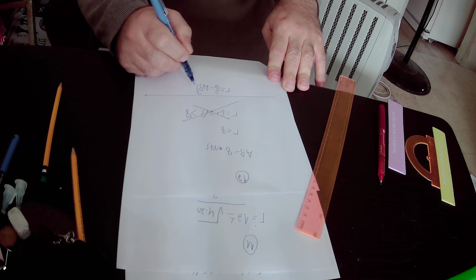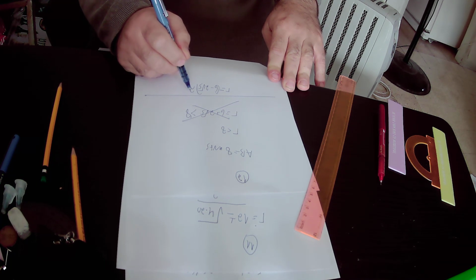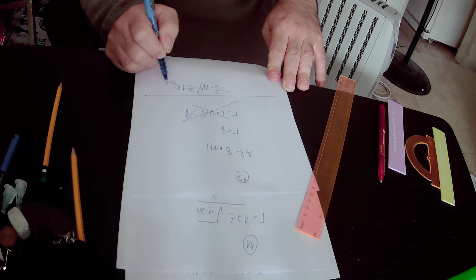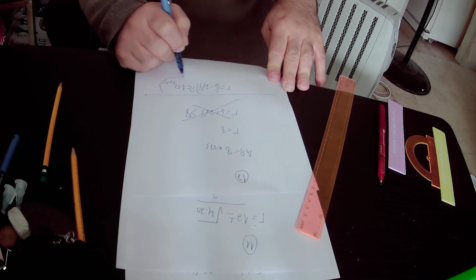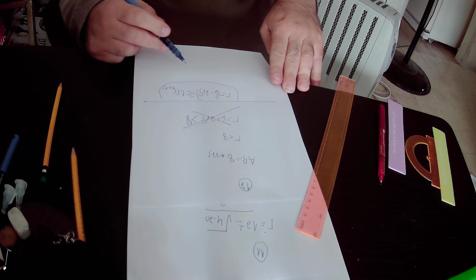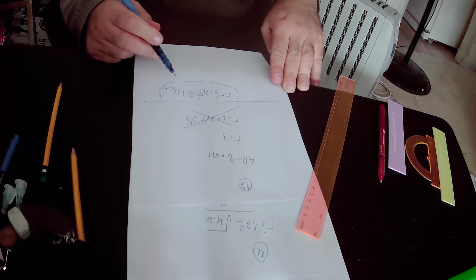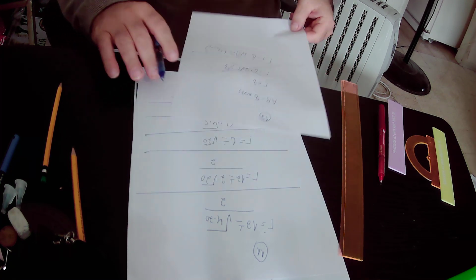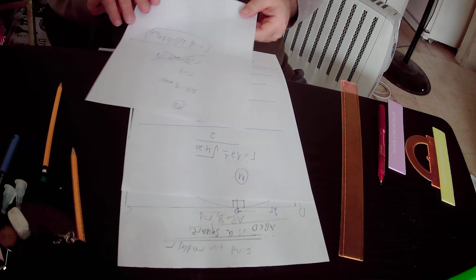That is about 1.53 units. Okay, that is the answer to the question: the radius of the small circle equals 6 minus 2 times root 5, that is about 1.53 units.